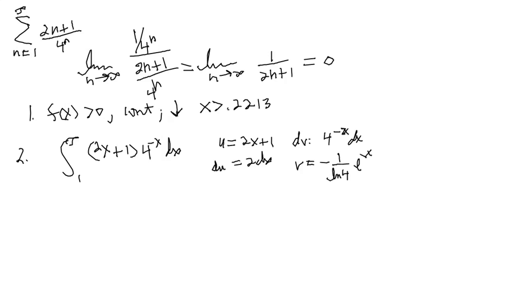You're going to have 2x plus 1 times that is uv, so we'll have this minus, and we'll write this as natural log of 4 with a 4 to the x underneath here, plus, that was uv minus v du, so it'll be plus 2 over the natural log of 4 times 4 to the negative x. And that's an integral.